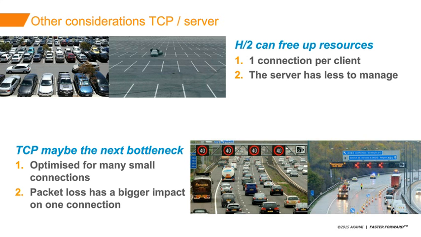For example, if you start receiving packet loss, that's going to have a much bigger impact than if you were spanning across 6 connections in a previously H1 setup. So in the picture here, we've built our motorways to manage congestion pretty well so far, but that can all change, and when you start having to close lanes and things like that, it can cause massive tailbacks. The same might be thought about for H2, and I think as we move forward, we may see different recommendations on how to optimize TCP.